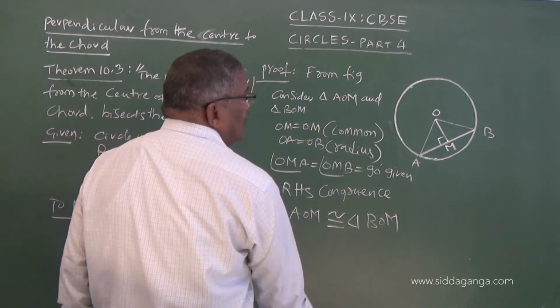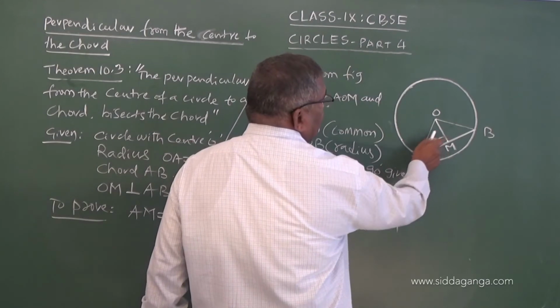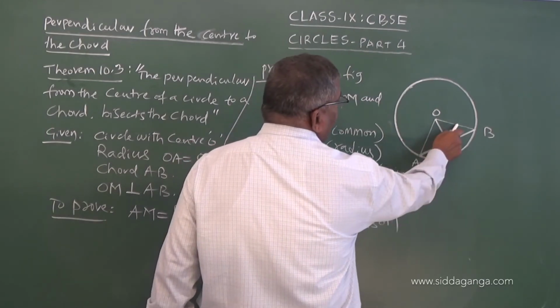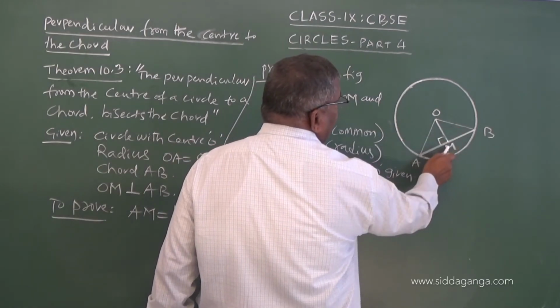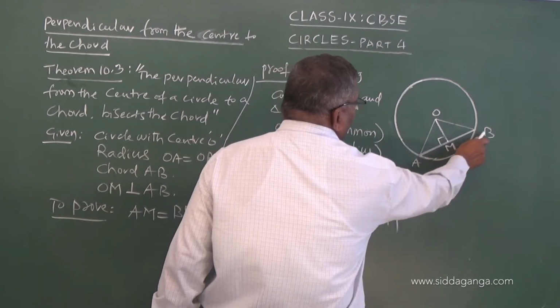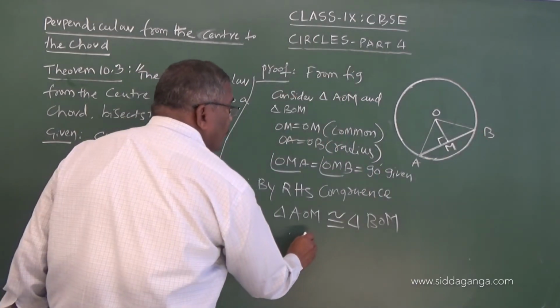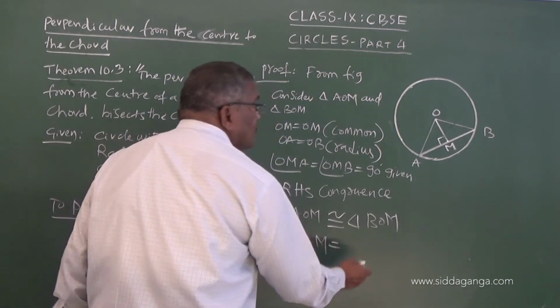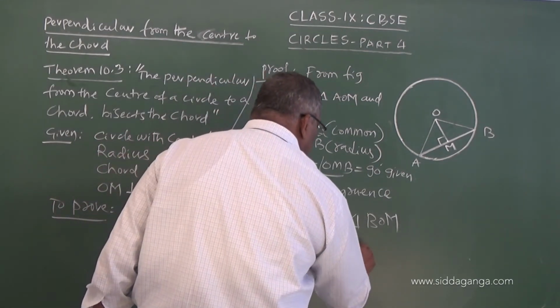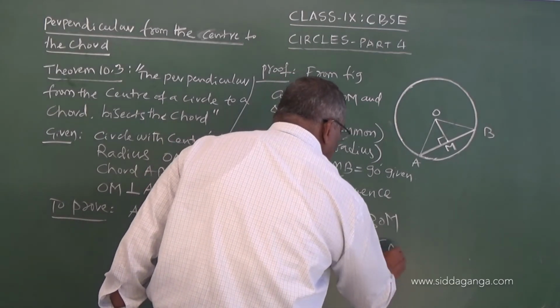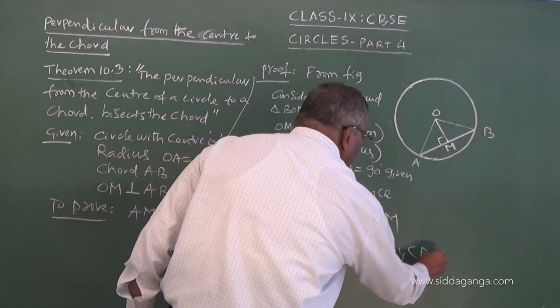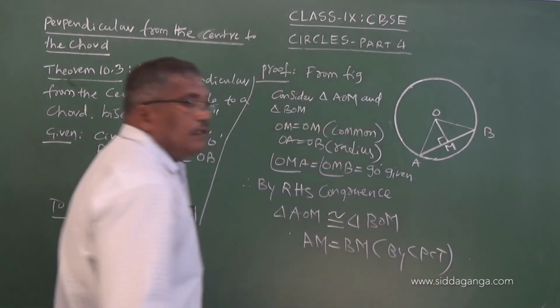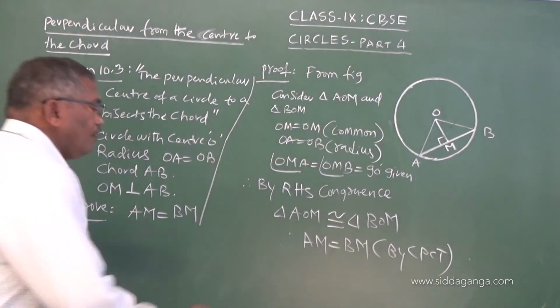Here this is the common side, OA corresponds to OB, and AM is corresponding to MB. So therefore, AM equals MB or BM by CPCT. Hence, proved.